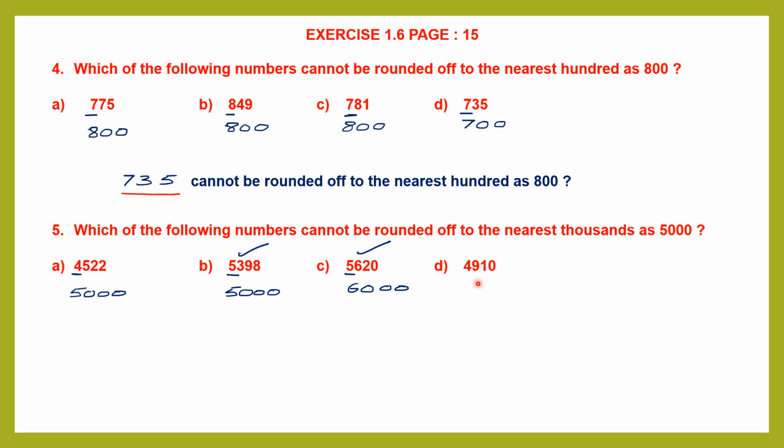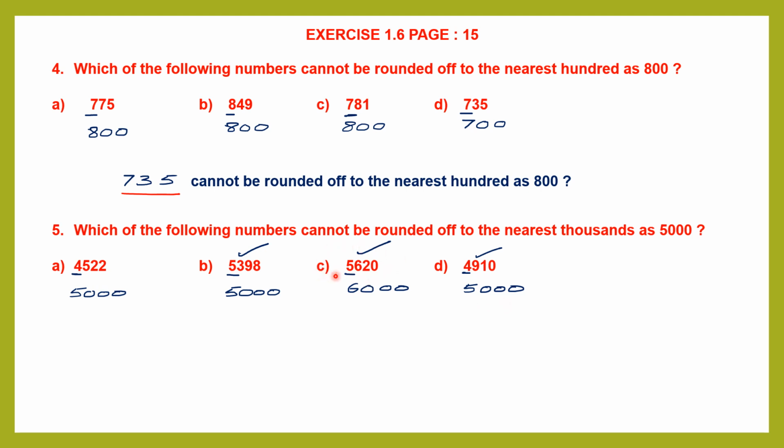Let's go to the next one. So here the digit in the thousands place is 4 and the digit to its right is 9, which is more than 5. That means the underlined digit will change and the other digits become 3 zeros. So here you can see there are 4 numbers, in that only 3 could be rounded off to the nearest thousands as 5,000.